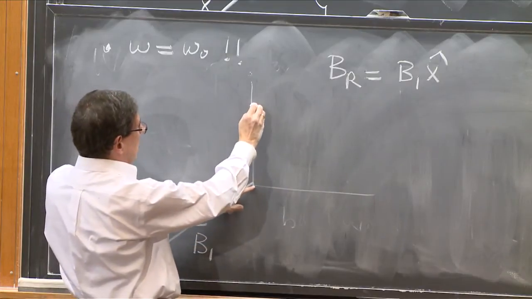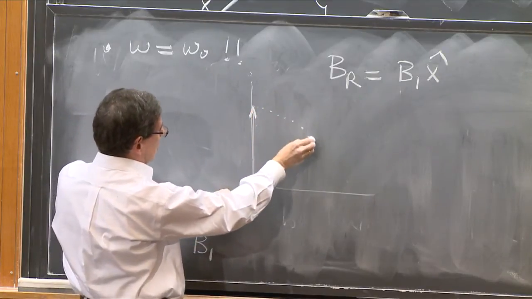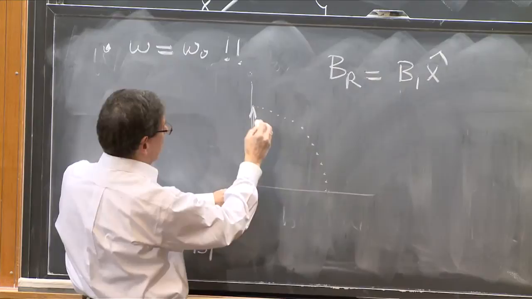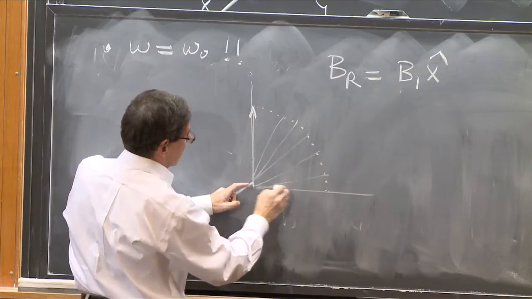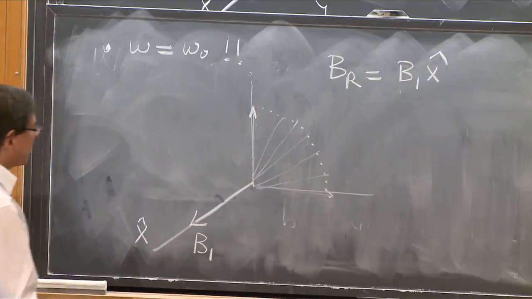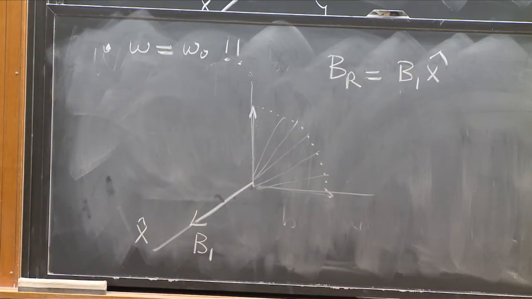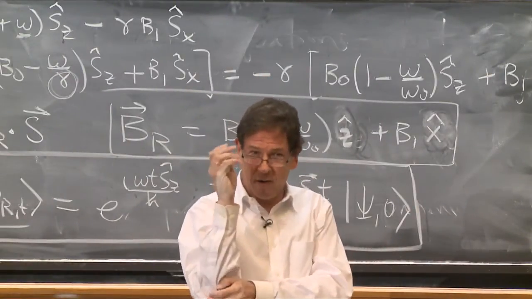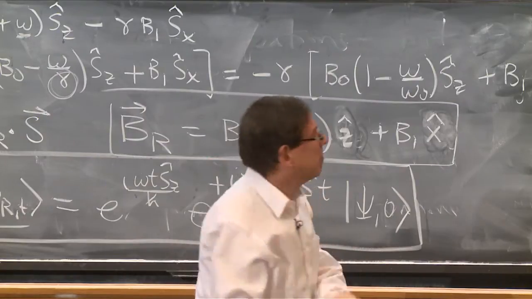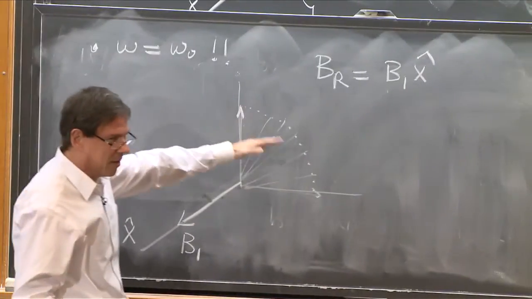So the spin will just go down here. Rotate, rotate, rotate, rotate. Now, it's rotating with B1, which is much smaller than B0. So it's rotating with an angular frequency that is much smaller than omega 0, but it's rotating down here.